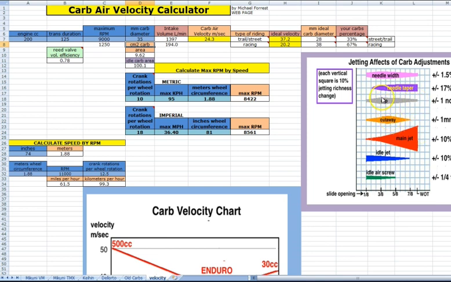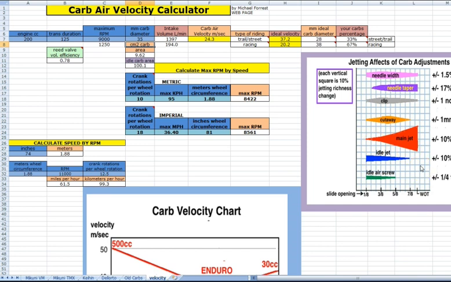So when people change the clip to try to change the mid-range, well, they can affect the mid-range, but that's not the best way to do it. The best way to do it is with a needle taper. And you can see the effects of the cutaway, about maximum effect at 1/2 throttle. Main jet has a little bit of effect at 1/8, almost none.